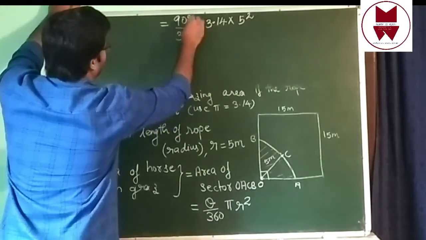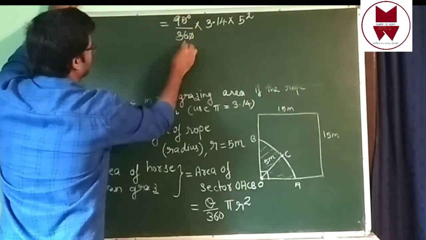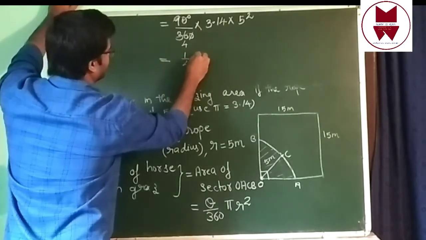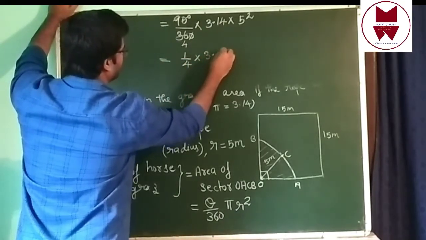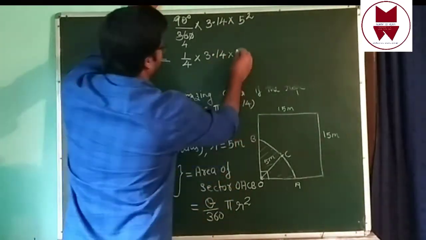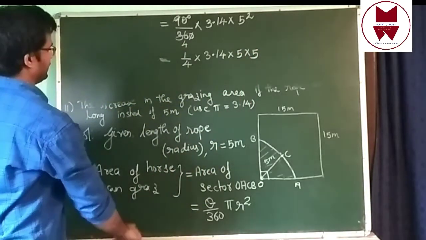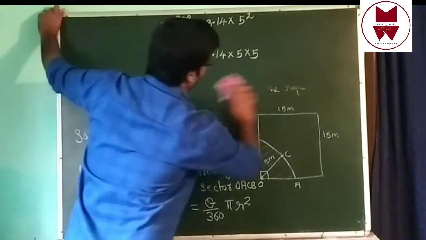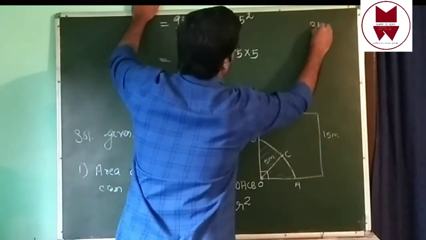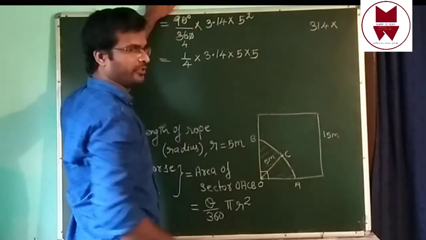Then 0 and 0 cancel. 9 and 36 cancel, 4 times. Then 1 by 4 into 3.14 into 5 square. 5 square means 5 into 5, that is 25.